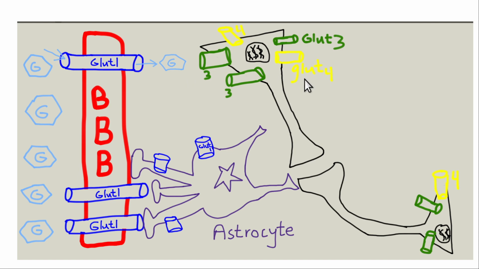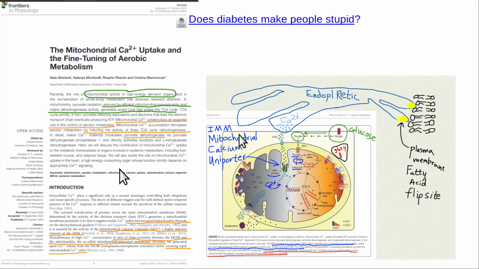And it's the glucose type 4 transporters that require insulin for them to open up and be transported to the plasma membrane and fuse with it so glucose can come in. So you're not going to be able to get glucose into the hippocampal neurons as effectively as normally because you have insulin resistance.